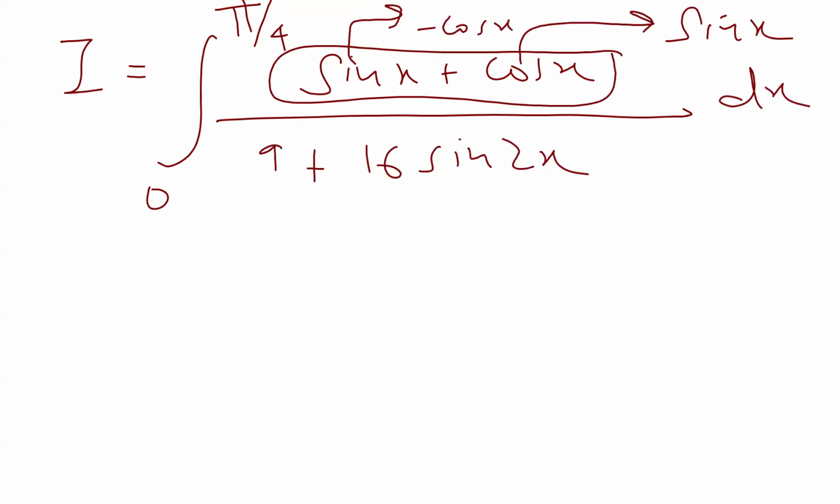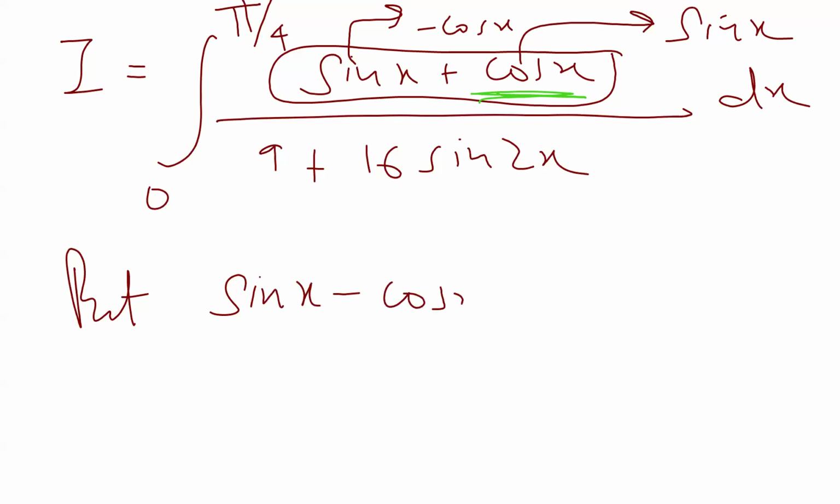Again, I'll explain. I'm not asking the derivative of cos. I'm asking, cos is the derivative of what? Cos is the derivative of sine, and sine is the derivative of minus cos, because the derivative of cos is minus sine. So you can shift the minus sign to the other side. So sine is the derivative of minus cos. Okay, so what I'm going to do is put sin x minus cos x equal to t.